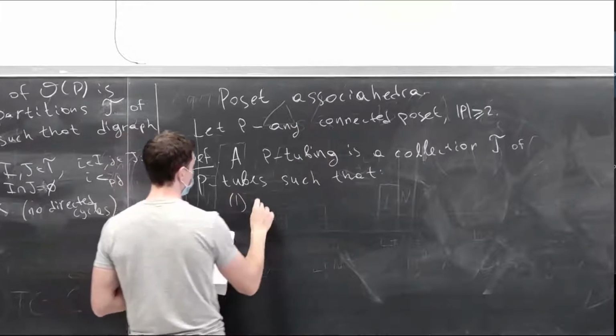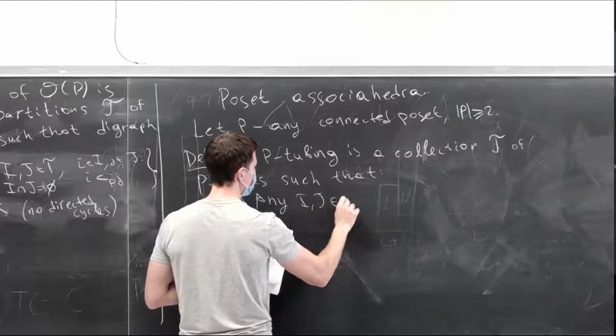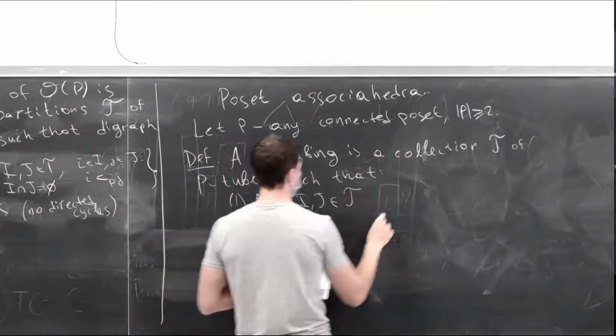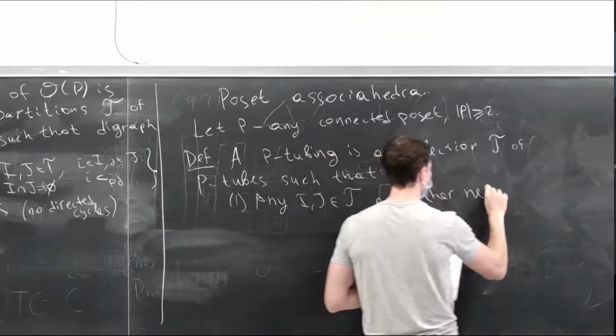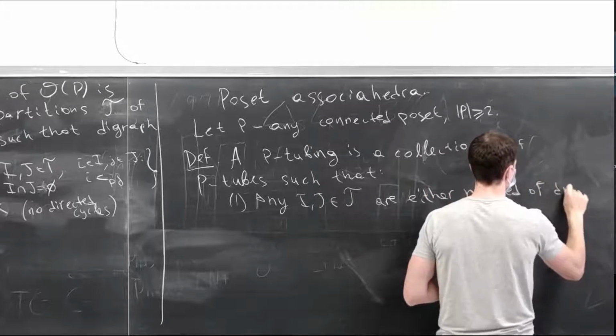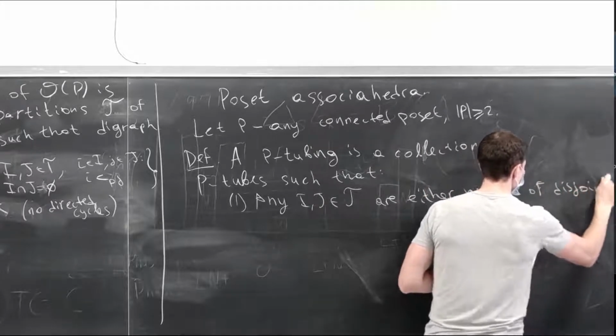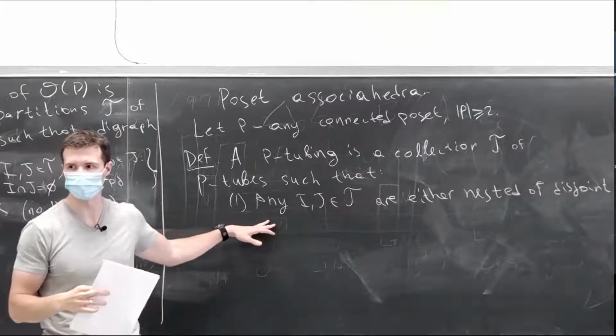First condition is that any two sets are either nested or disjoint. That's the same condition we had for graph associahedra.